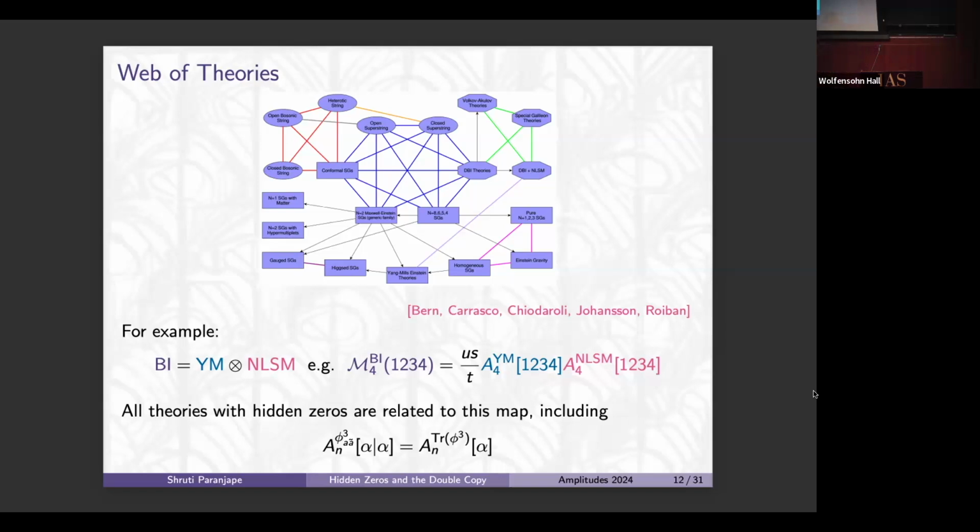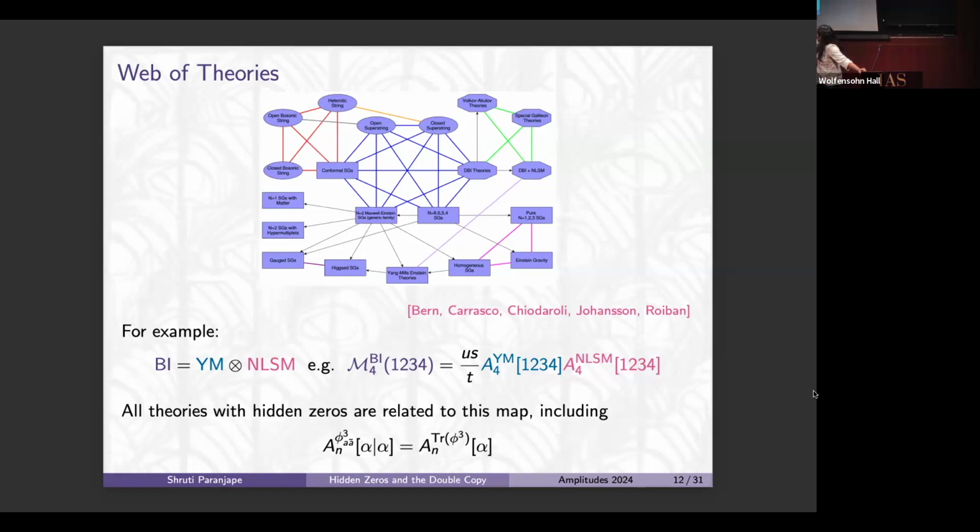One exception to the list of theories is trace phi cubed. Okay, so trace phi cubed doesn't actually participate in the double copy, but the amplitudes are identical to the diagonal amplitudes in bi-adjoint scalar theory. And bi-adjoint scalar theory does participate in the double copy. Okay, so all this to say, all of the amplitudes with hidden zeros seem to have something to do with this double copy map.